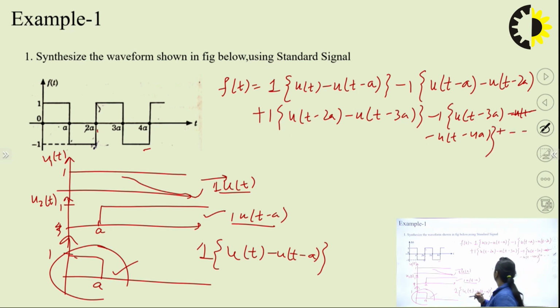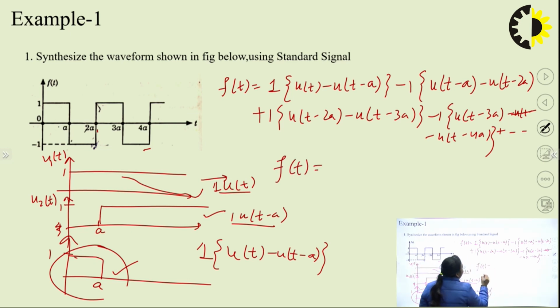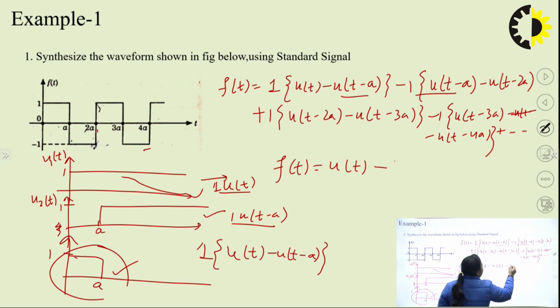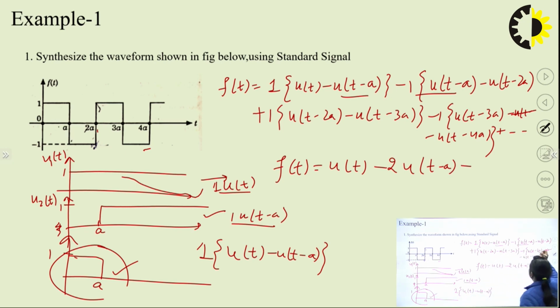This goes on. Now I can easily simplify the values. This is minus of u(t minus A) and minus of u(t minus A). So the simplified version is f(t) can be written as u(t) minus twice u(t minus A), minus this and plus u(t minus A), so this gets cancelled out. Again, this is minus of u(t minus A) and so I can write twice u(t minus 3A).